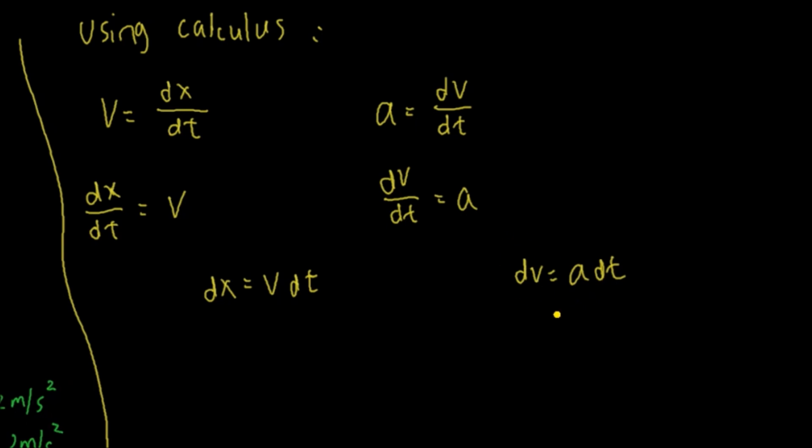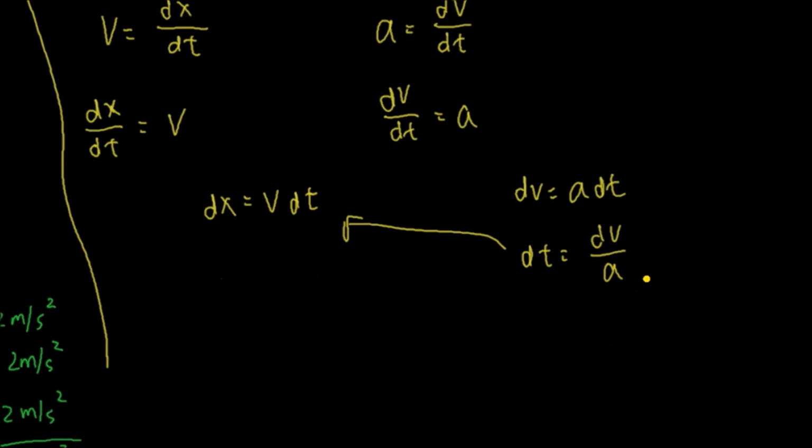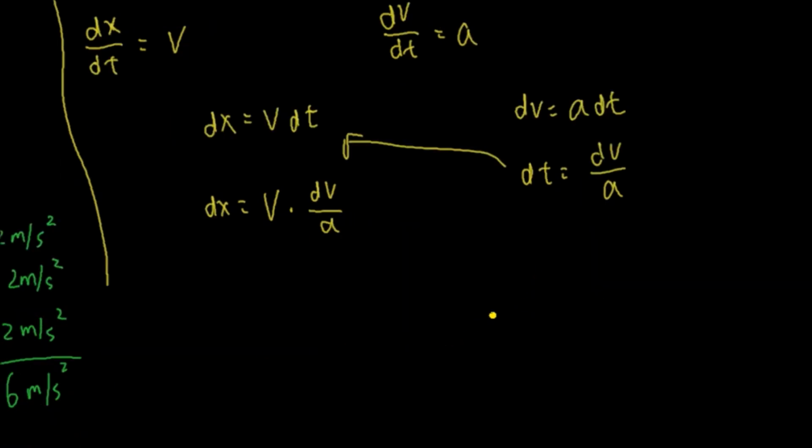Basically, I have to rewrite that dt equals dv over a, so I can replace the dt here. So I have dx equals v times whatever dt is, which is dv over a. And in this case, velocity and acceleration are both constants, so I can rewrite this as dx equals v over a dv.